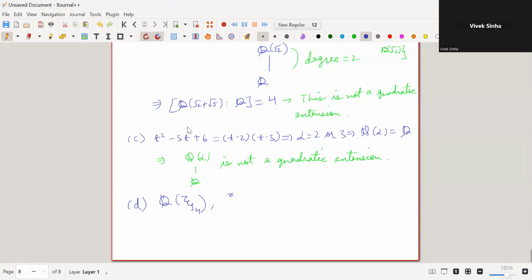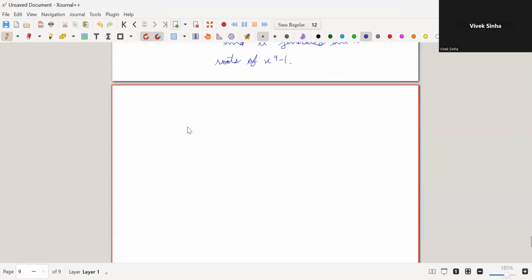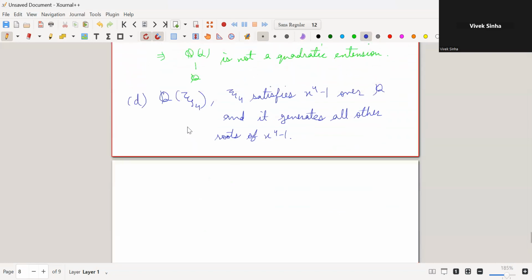So C4 satisfies x4 minus 1 over Q, because that's how C4 is defined, and it generates all other roots of x4 minus 1. That is the definition of primitive root, right? And Cn means the primitive root of xn minus 1.